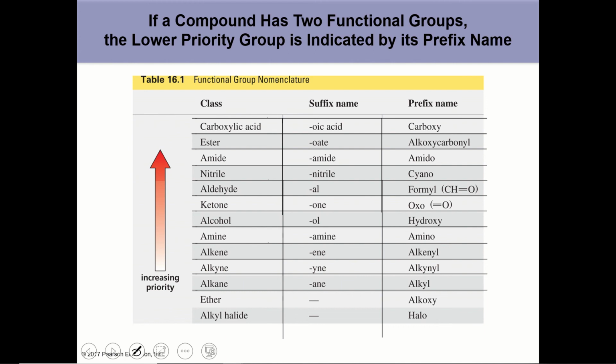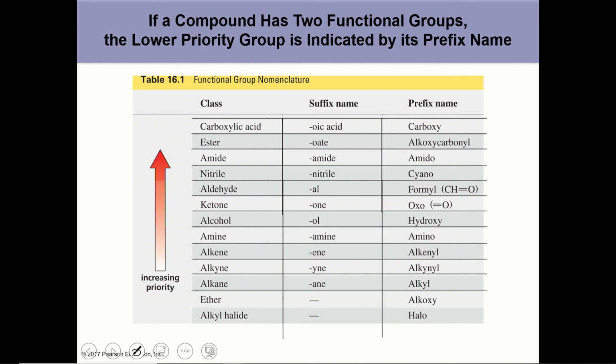So we're going to move away from naming molecules that have only carbon and hydrogen to naming molecules that contain halogens and oxygens and nitrogens in addition to carbon and hydrogen. And that is going to require us to understand what we call functional group priority.